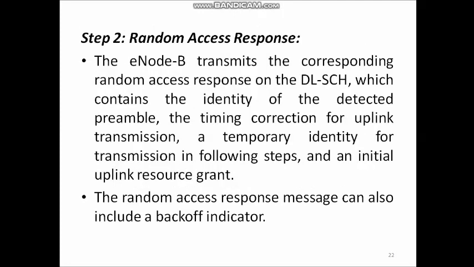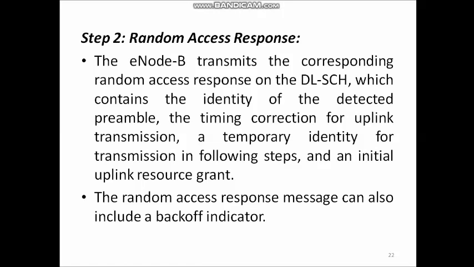Next, step 2, the random access response procedure, is explained here. If a random access attempt is detected, then E node B sends a random access response to all the user equipments. The E node B transmits the corresponding random access response on the downlink shared channel, which contains the identity of the detected preamble, the timing correction for uplink transmission, a temporary identity for transmission in the following steps, and an initial uplink resource grant.